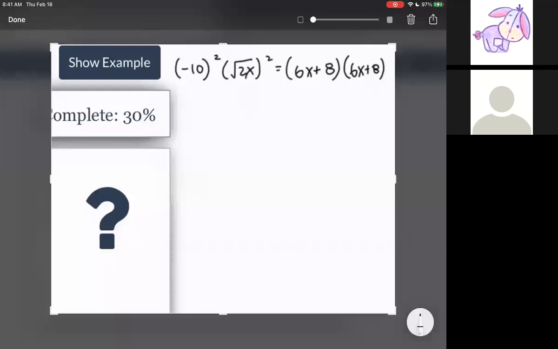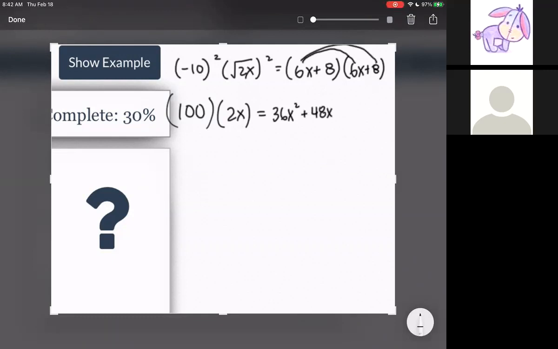So let's simplify this. Negative 10 squared is 100, and then square root of 2x squared will be 2x. And then over here, we're going to do our first, outer, inner, last. So first, 36x squared. Outer, plus 48x.